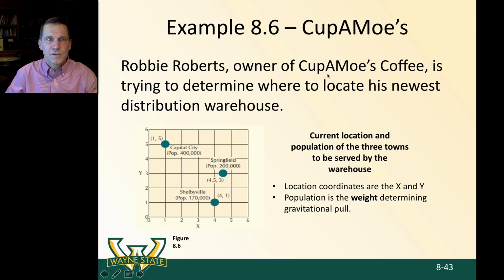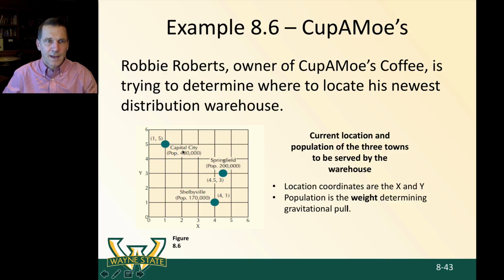Robbie Roberts, owner of Cup of Mo's Coffee, is trying to determine where to locate his newest distribution warehouse. He has the location and population of 3 towns that are going to be served by the warehouse.